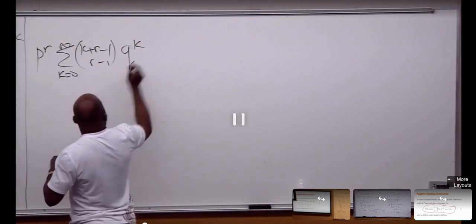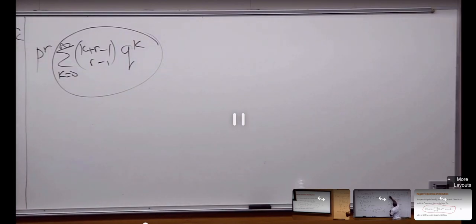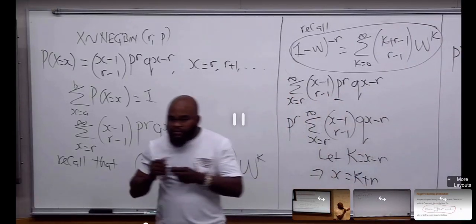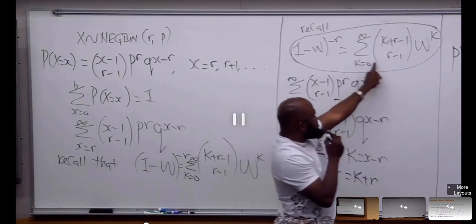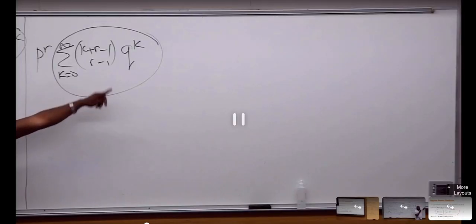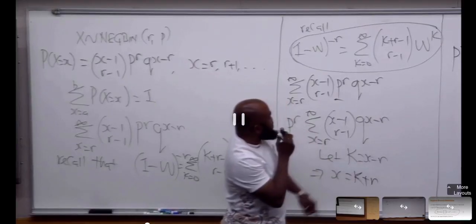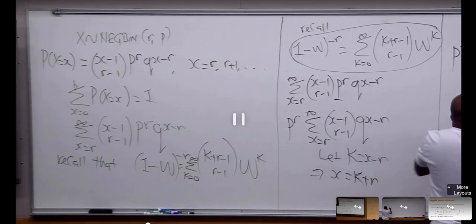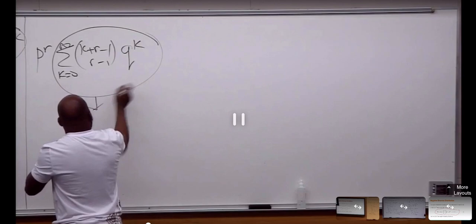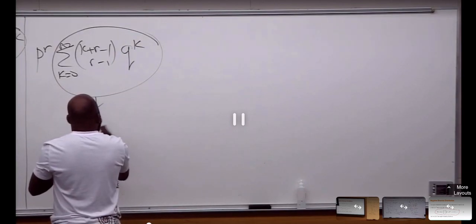Now on this, I actually want to apply this. I need you to pay attention. Look at the connection between this and this. You're going to see my q here is the same as w here. So if I want to rewrite this, it becomes 1 minus q raised to power negative r.